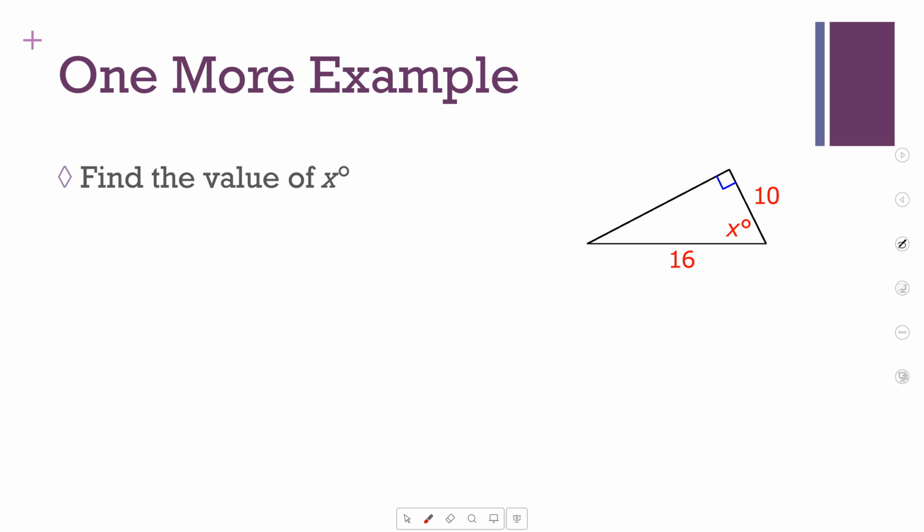Solve for x. Okay, gotcha. But you know what the slope is.